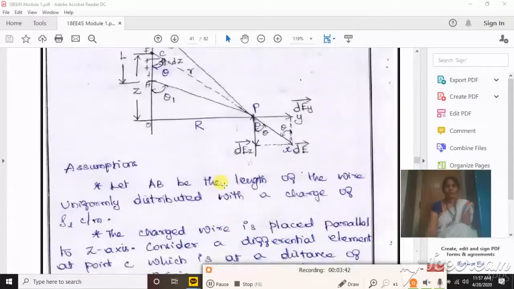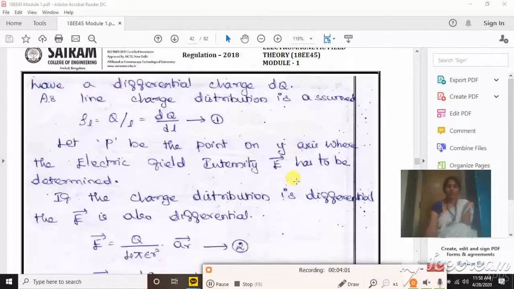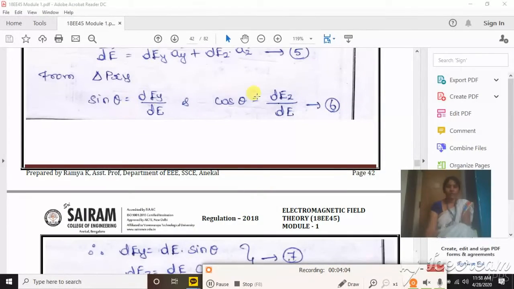From this triangle, if this is theta, sin theta is equal to opposite, that is dEy divided by dE. In the same way, if this is theta, it is also theta here. When you take cos theta, it is dEz divided by dE. That is what we have written over here.